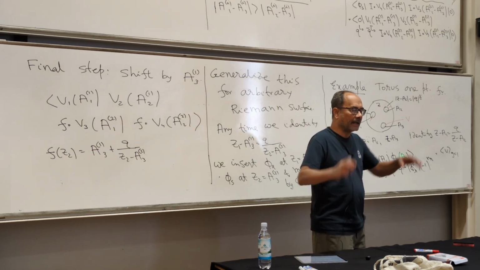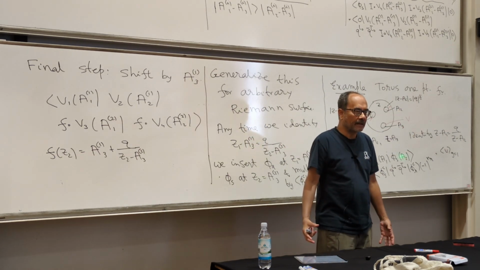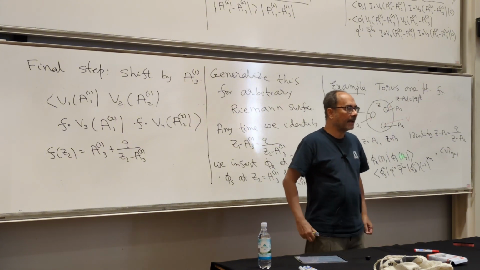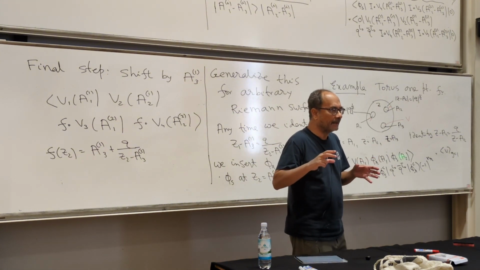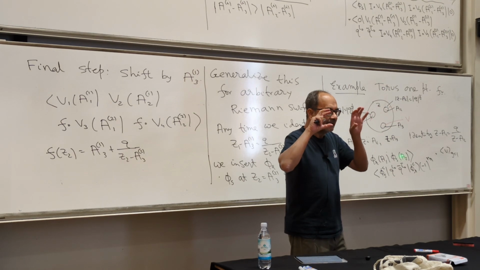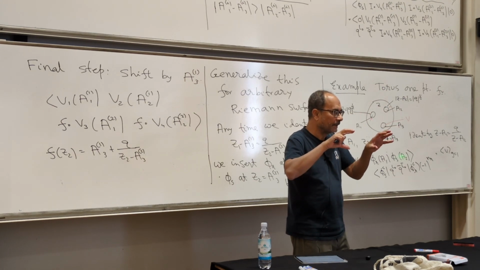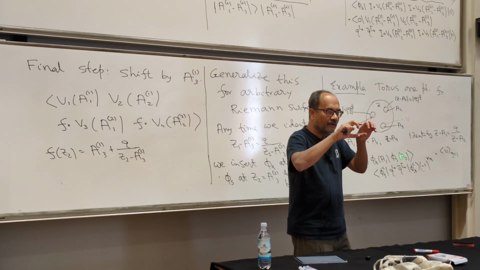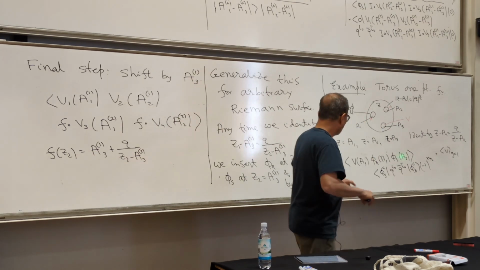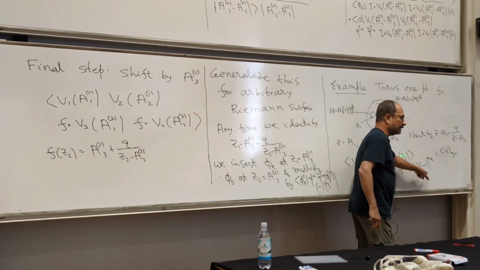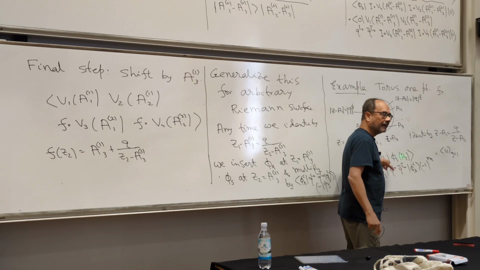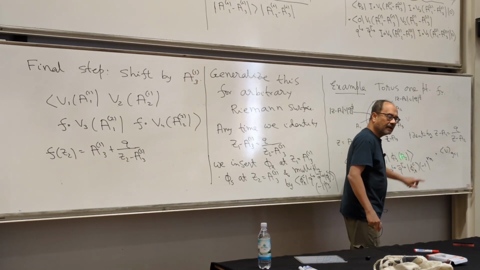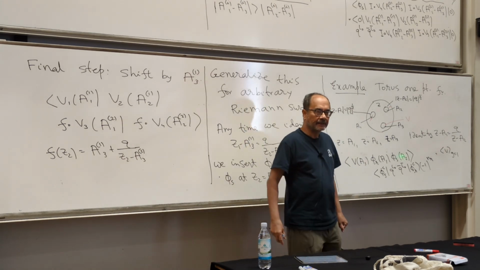So in general, you can have a complicated Riemann surface, but as you saw, all of them can be obtained by simply gluing spheres with 3 holes. Okay. And every time you glue, that's equivalent to inserting factors like this. You put basis states at the holes where you are gluing, and you multiply by a factor like this.